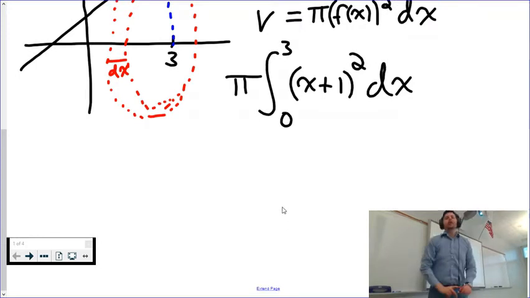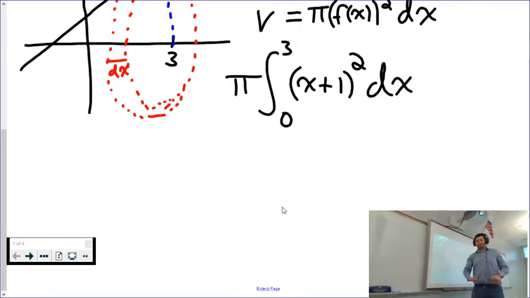There are many ways you could integrate this. You could expand it out. It's nice, because inside the parentheses is x plus 1, so the derivative of that is just 1.